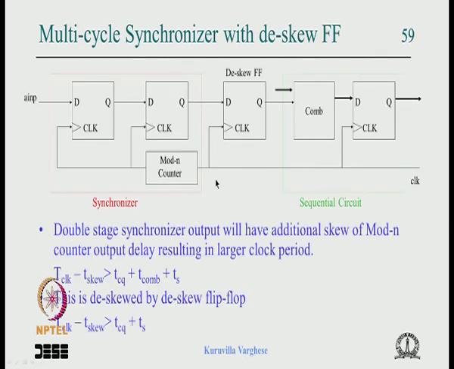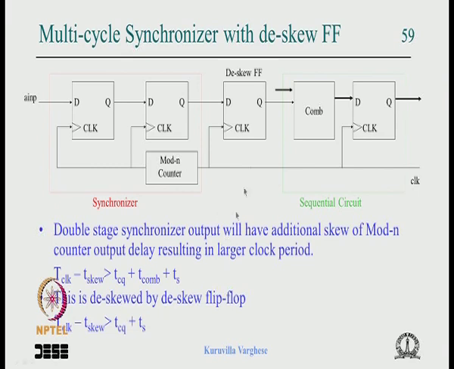So to avoid that we put a deskew flip flop, because now the skew comes between two adjacent flip flops without any combination circuit. So T clock minus Q should accommodate the TCQ and the T setup, which will be much smaller. Suppose there is a skew here, it is going to eat into the clock period and push the clock period up.